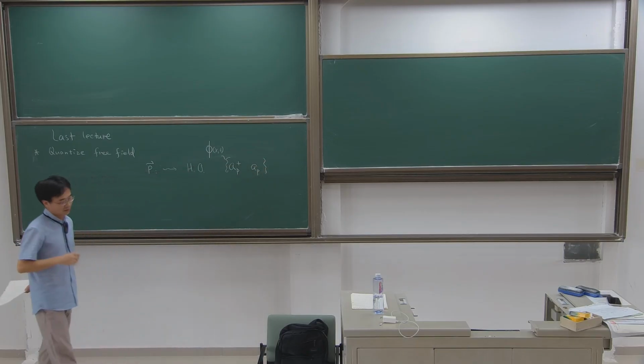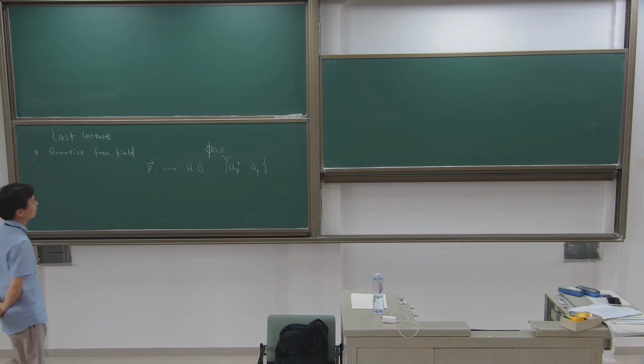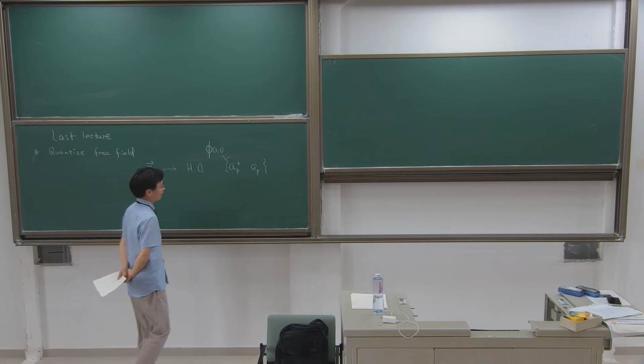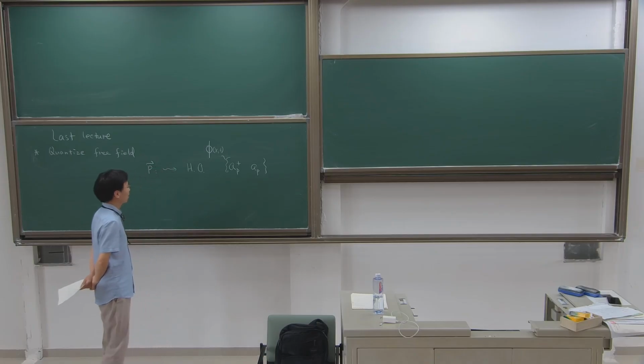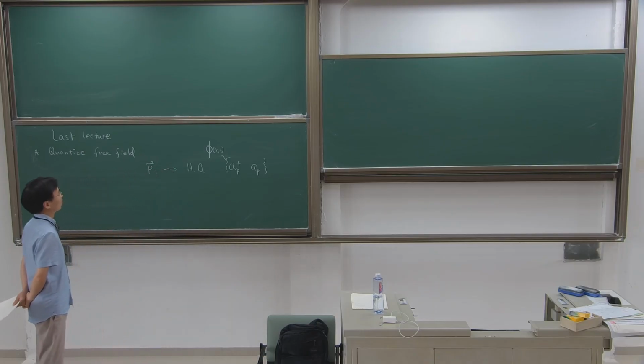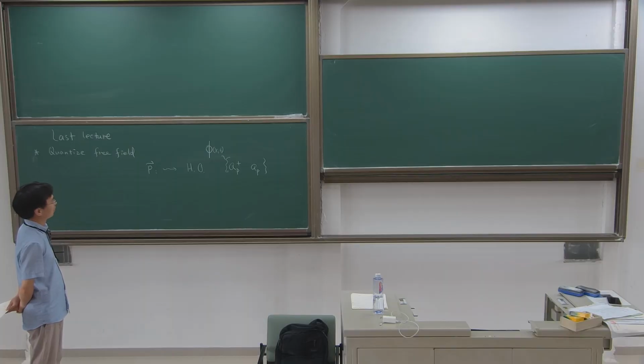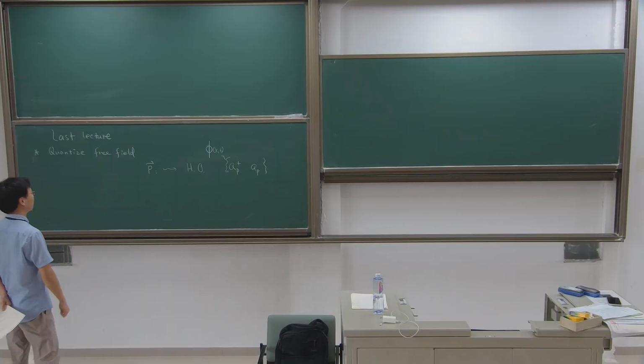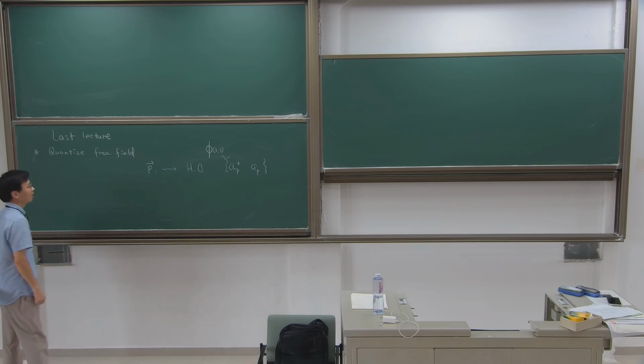Okay? By imposing the commutation condition, we can work out many commutators and operator relations for any well-defined operator involved in free scalar fields, for example the Hamiltonian, momentum, or some other complicated operators.